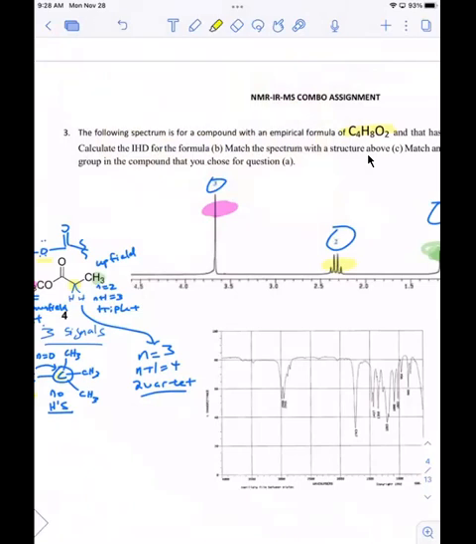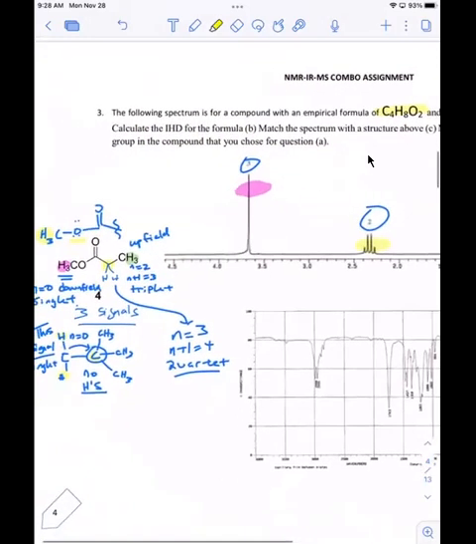All right, if we look in the infrared, what functional groups can we find? What should we see? You just mentioned the carbonyl, Danielle. Where is that? Somebody tell me where that carbonyl stretch is going to show up for a ketone. I'm sorry, for an ester, which is what this is.